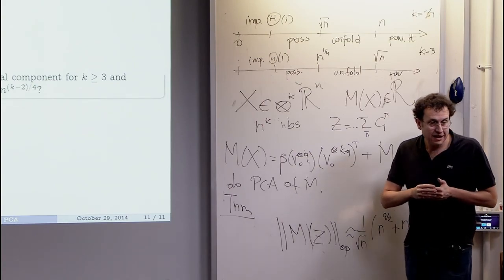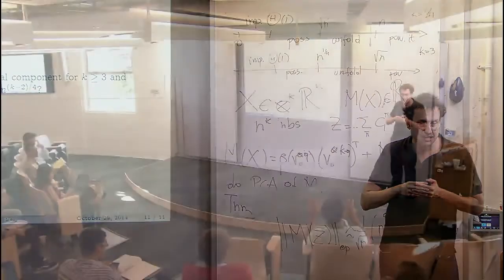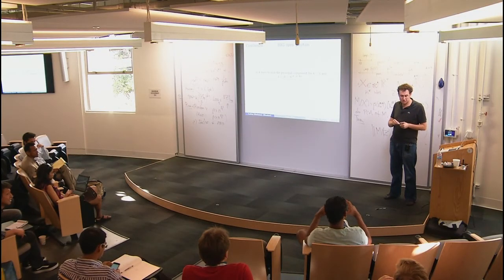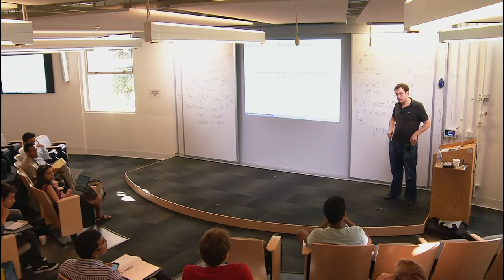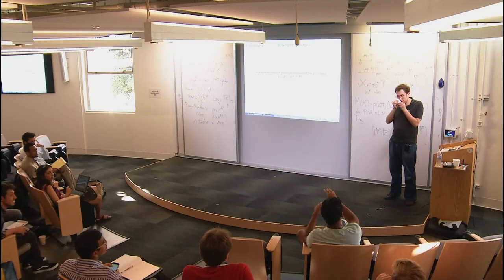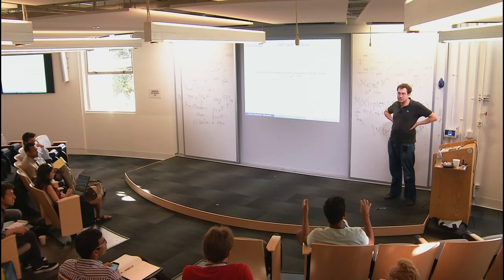About your last remark, all the algorithms you've described here, you can think of them as statistical. You don't really need to see the entries of the matrix. And at least for planted XOR SAT, there is a similar gap. The upper bound is you need n to the k over 2 clauses. But we see each entry multiple times, so I don't think... You do in this, you mean?